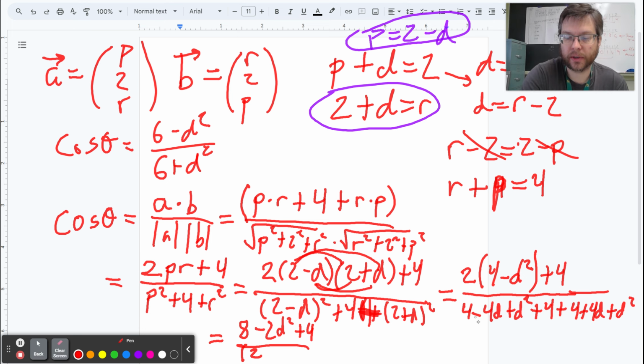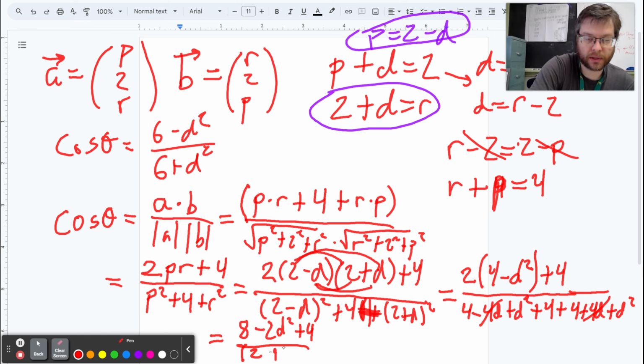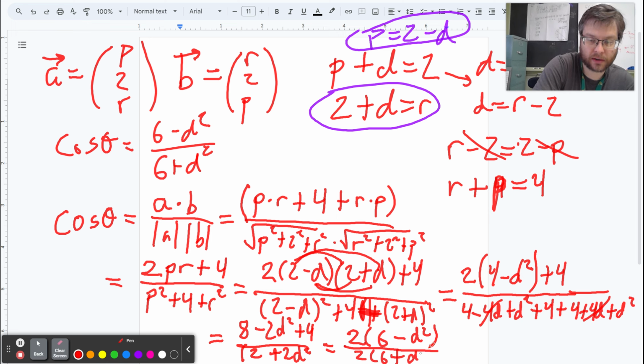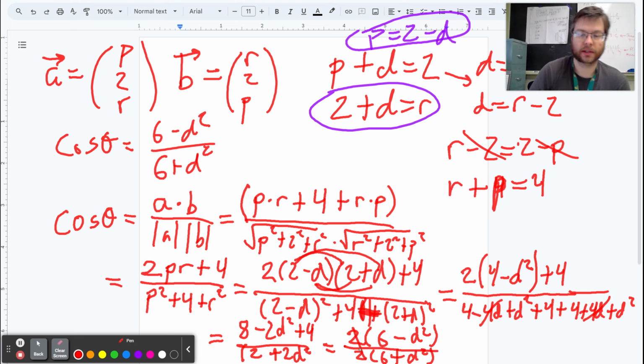The negative 4D and the positive 4D cancel, and I have plus 2D squared. On the top, I have 12, so that's 2 times 6, and I have minus D squared. And on the bottom, I have 2 times 6 plus D squared, which simplifies to what we were asked to do.